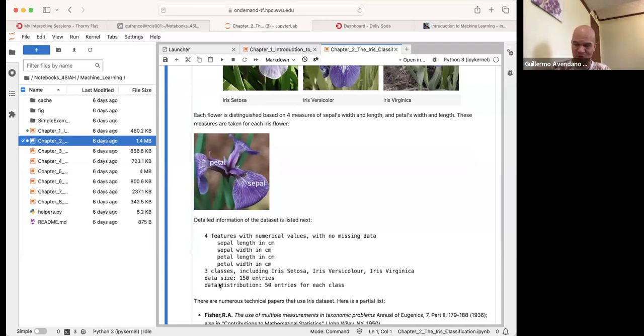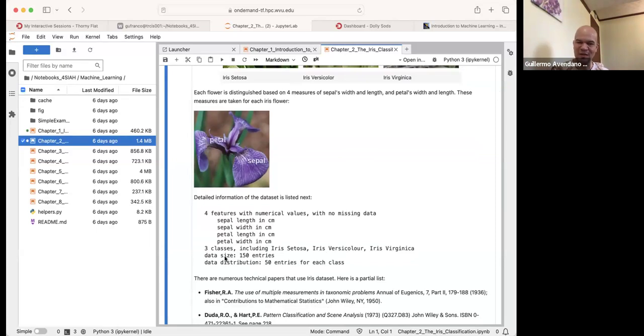So we know the answer, and we will provide that to the model to train it, and later use that model with some of the data that is kept hidden, or eventually, when the model is ready for production, we will just ask, okay, give me the 4 measurements of the flower, and I will tell you which flower it is.